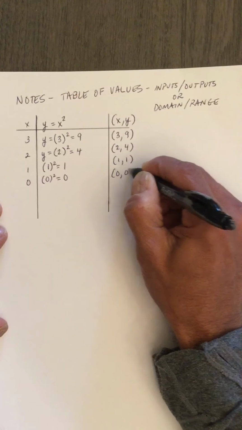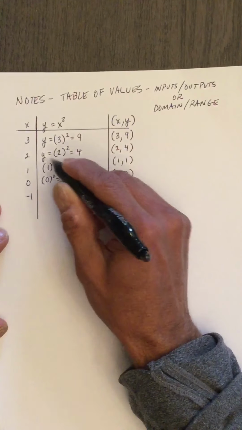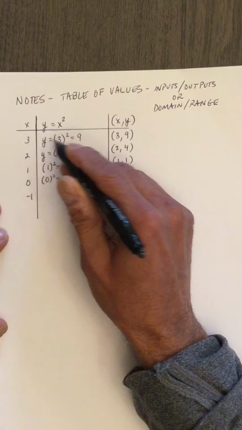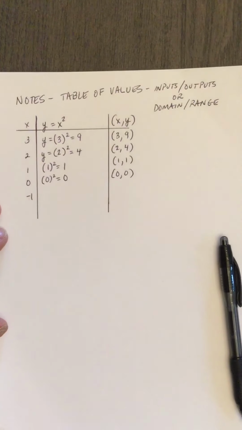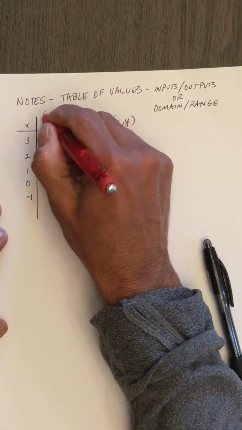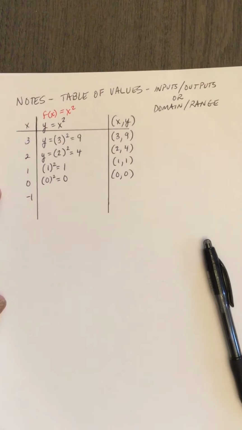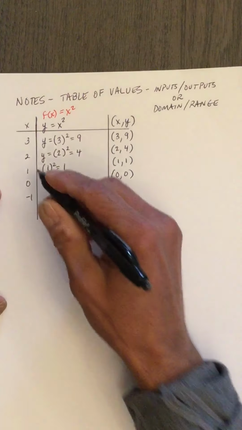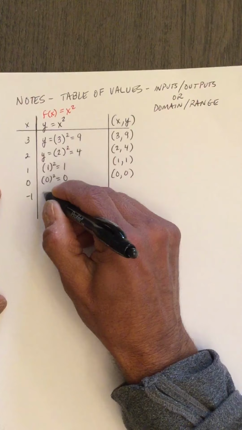Right now, all we're doing is just practicing. We're just putting numbers into this problem right here, y equals x squared. And remember, this can be written in a different way. It could be written as f of x equals x squared. It's the same thing. So when I put a -1 in this problem, I need my parentheses.